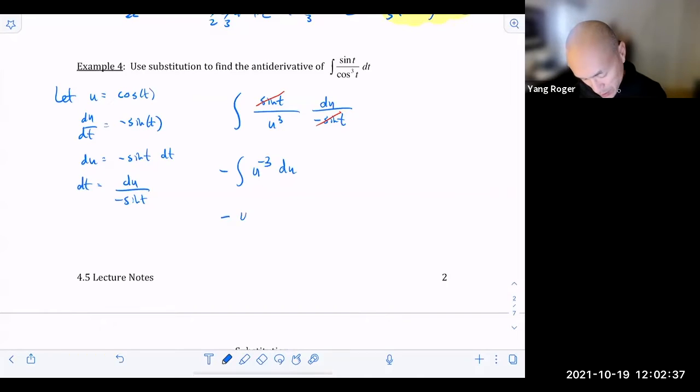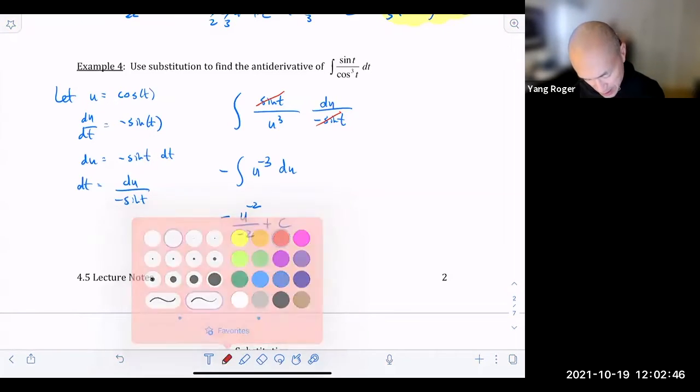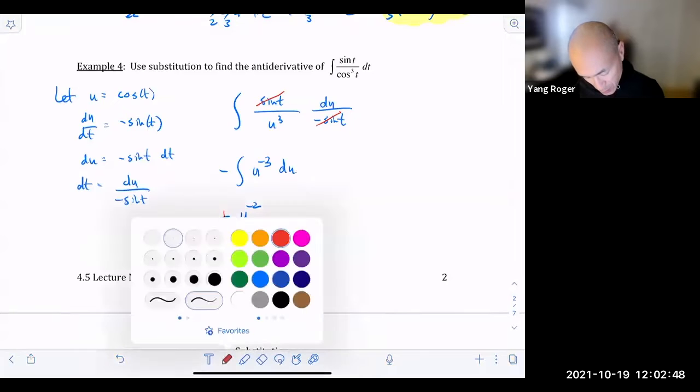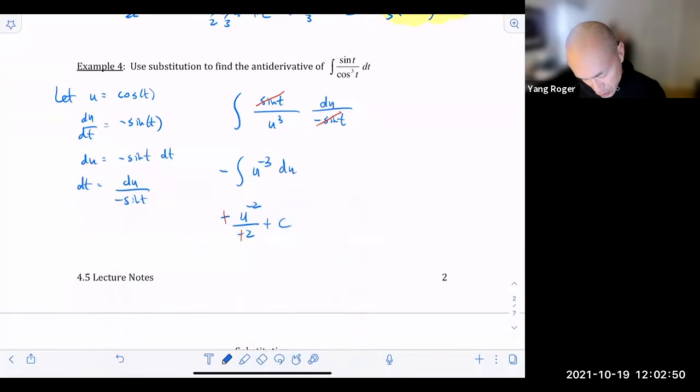We add 1, so that's going to be negative 2 divided by what we just wrote, plus c. The negative and the negative cancel each other out. You've got to sub back, so we end up with cosine t to the negative 2 power times 1/2 plus c.